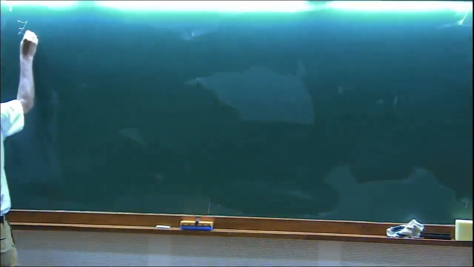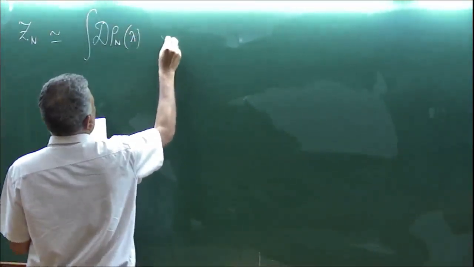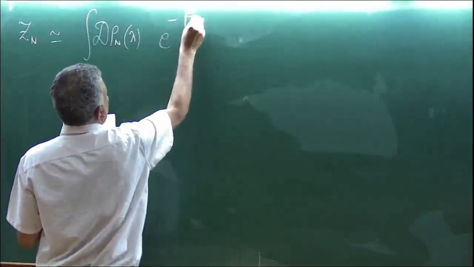So finally, in the large n limit, we have an approximate formula here, which says this is a functional integral over all possible densities, and it has this energy term here.